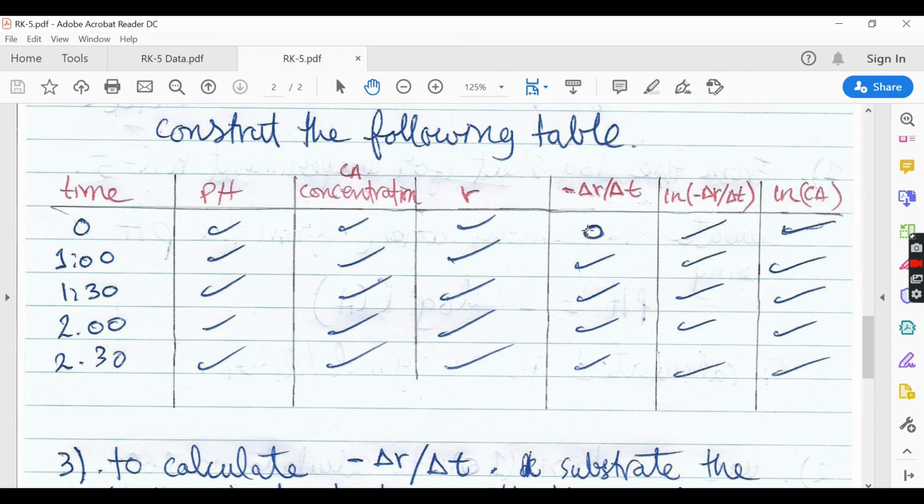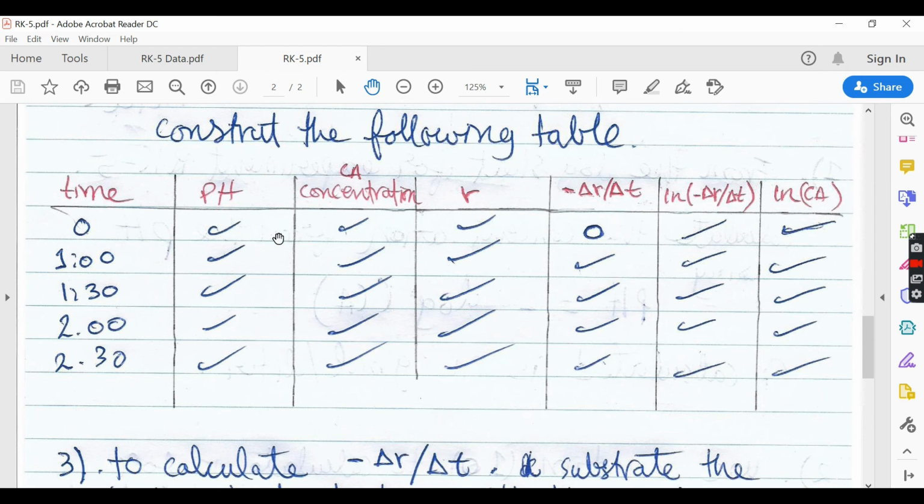Obviously, the first one would be 0 because R minus R is 0. And then the third one will be the R at 130 seconds minus the previous one, the same at 2 minutes, the R at 2 minutes minus the R at 130. Obviously R is decreasing, so delta R between each two times will be negative. That's why we have a negative here.